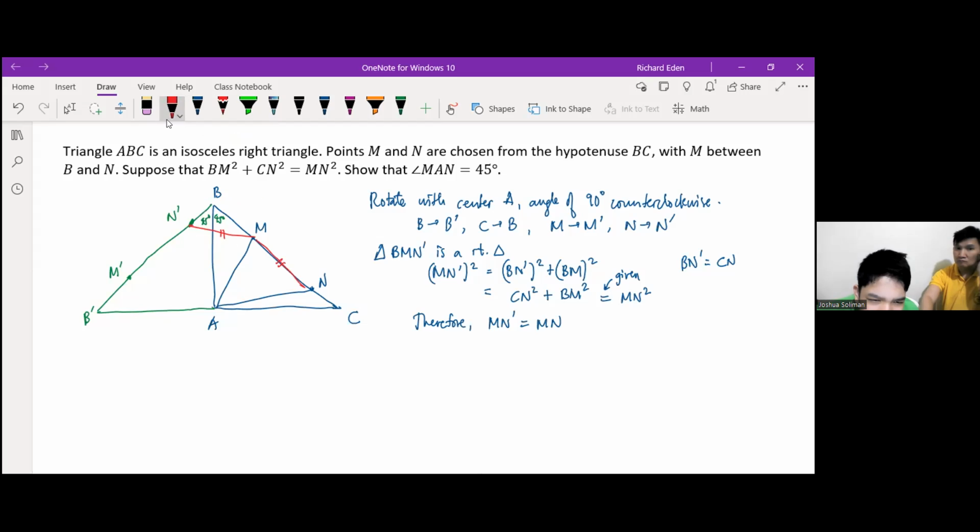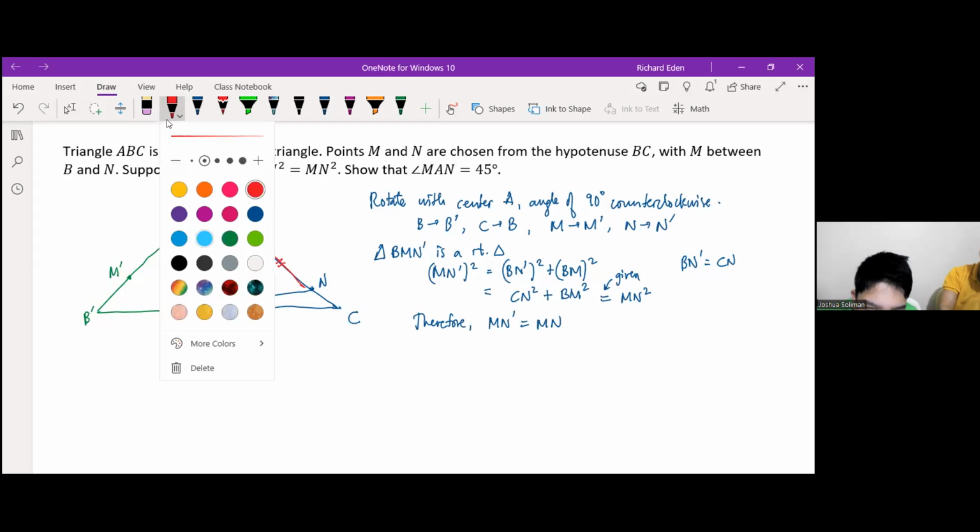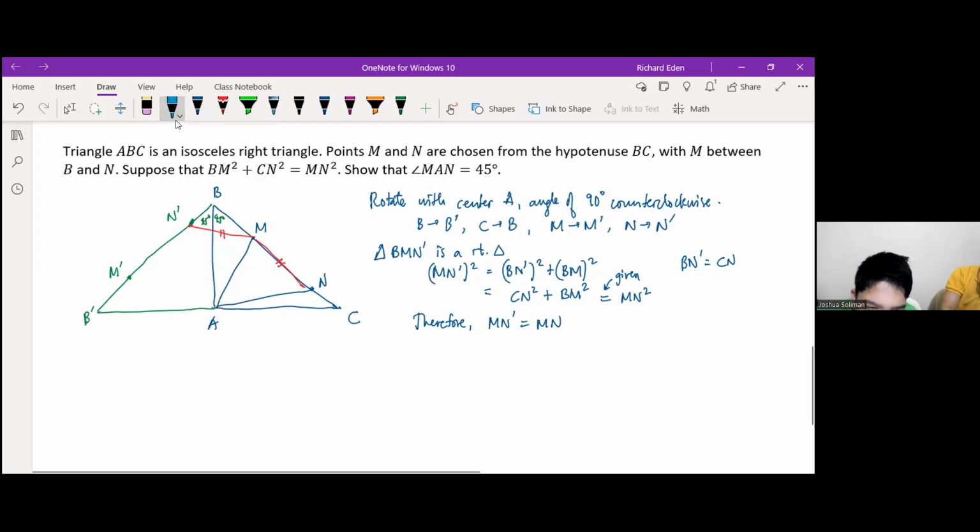Suppose that. Oh, okay. Prove that angle MAN is equal to 45 degrees. Let's look at the figure. Why would that be 45 degrees?